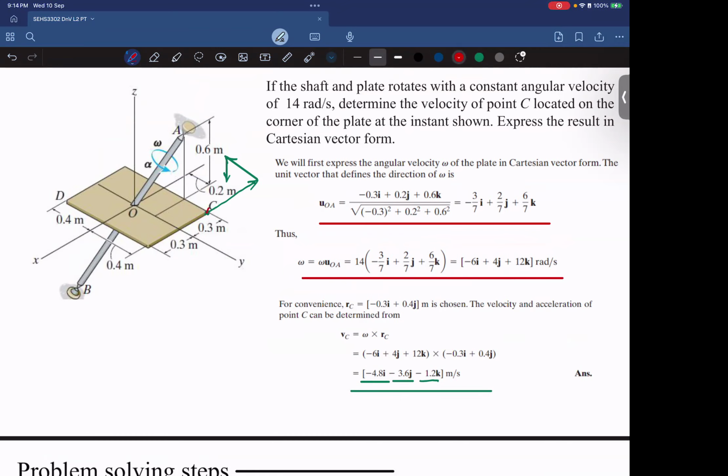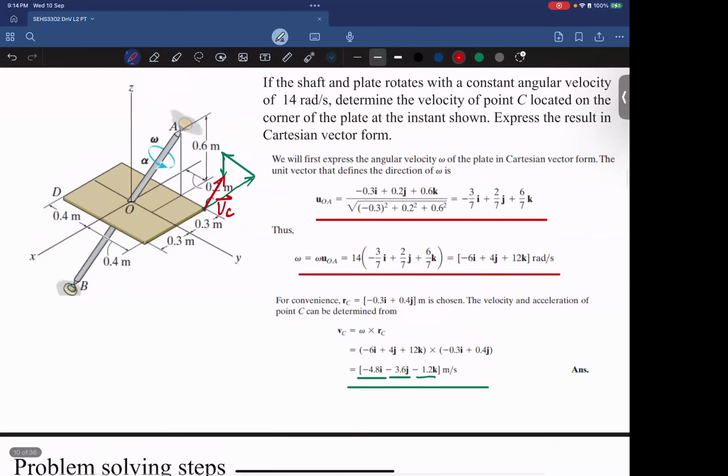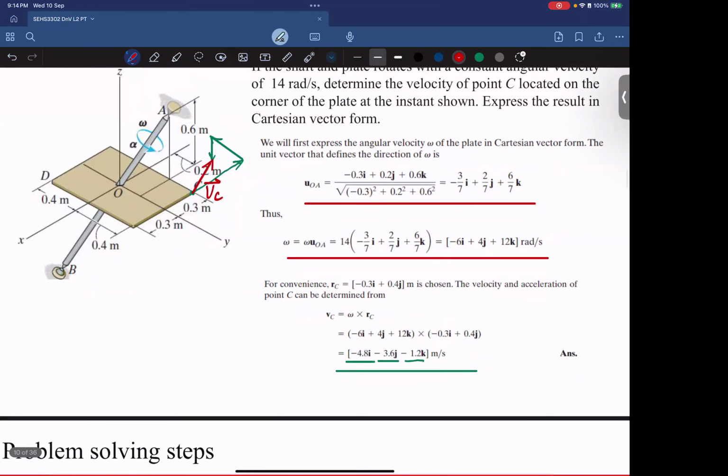So the velocity of C will be like this, VC, in the red arrow. So what is the speed, right? Once we got this result, how to interpret the speed?